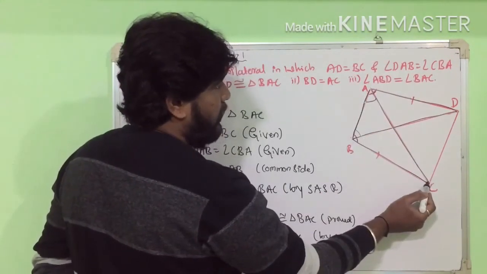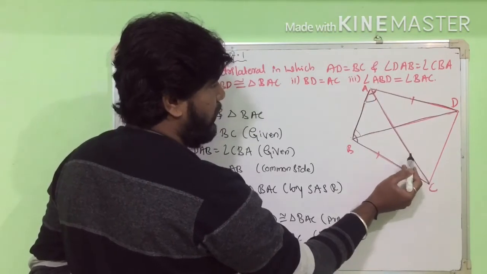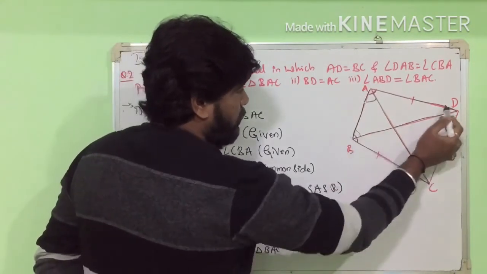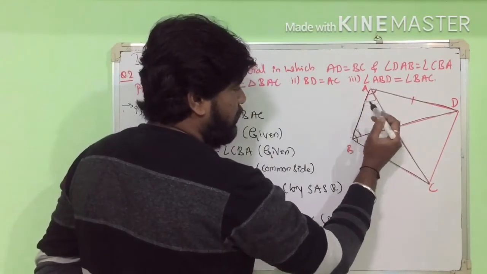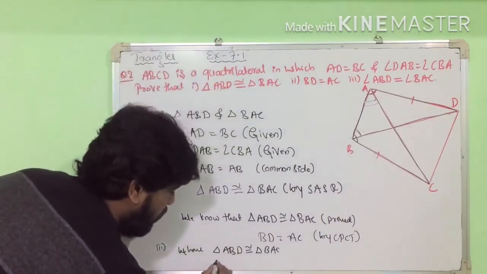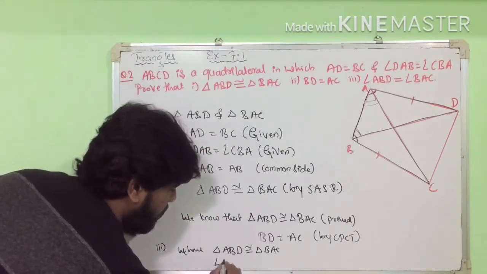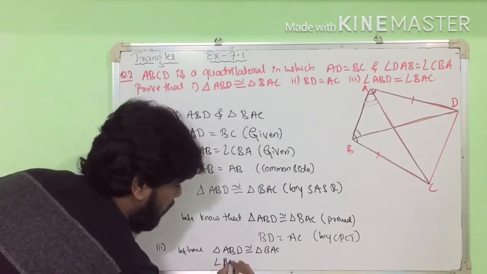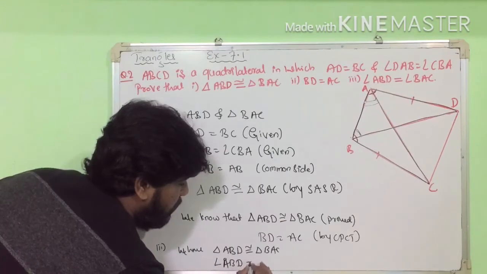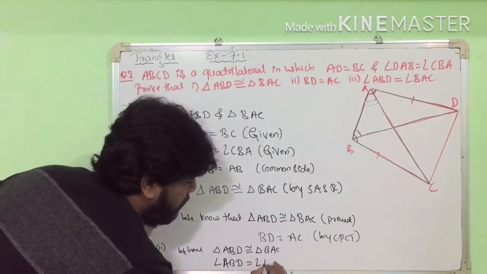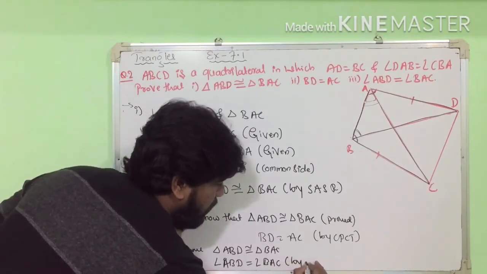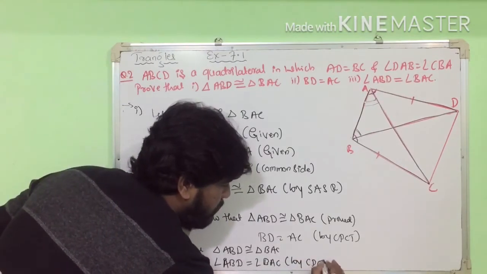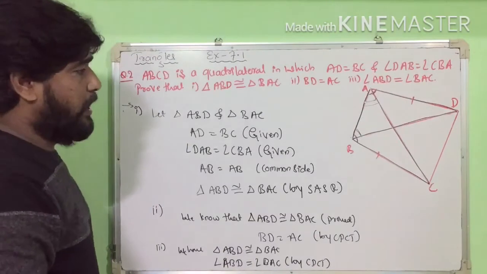Angle BAC is equal to the angle ABD. So these are the corresponding angles, and these corresponding angles are equal. So here the angle ABD is equal to angle BAC by CPCT. Is it clear, students?